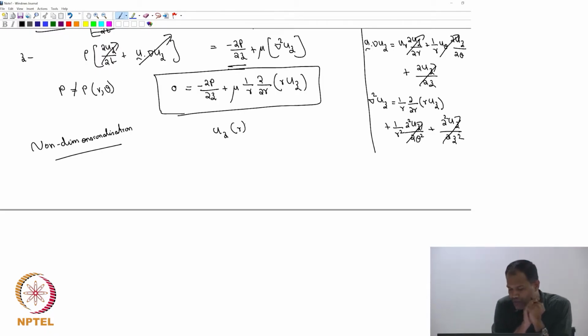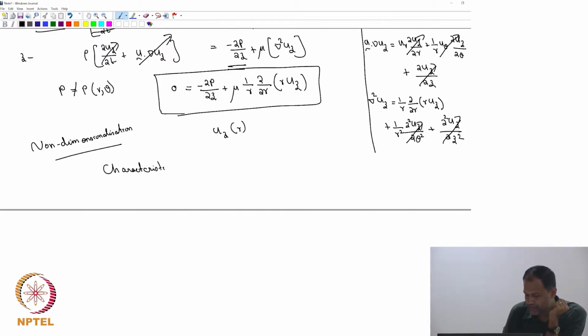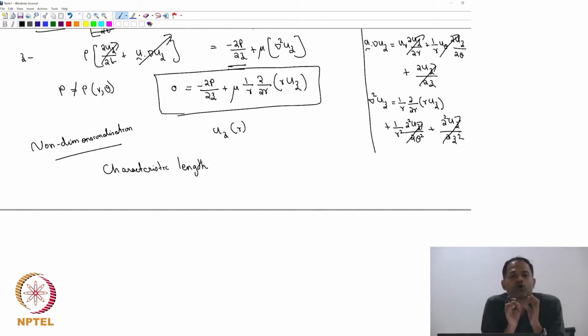Now we need to find out what we can use to non-dimensionalize velocity first, or let us non-dimensionalize length first. What can we use to non-dimensionalize my length? What we need to do is to choose something called a characteristic length, some constant length from the problem. Can you think of some constant length that we have in the problem right now?